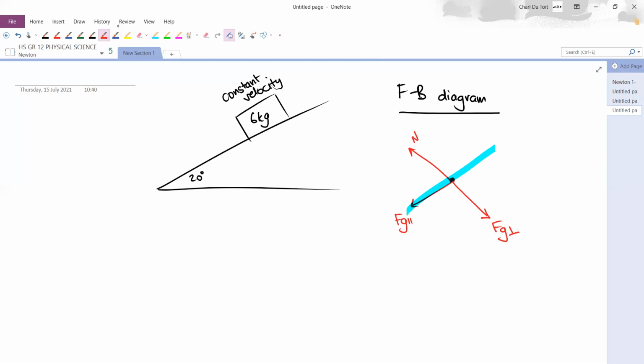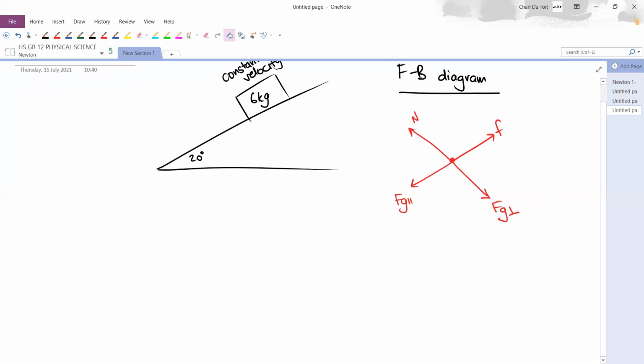But since there's a frictional force in the opposite direction, the sum of these two forces can be 0. And if the sum of these forces is 0, it's going to either stand still or move at a constant velocity, because there's no acceleration then. So there must be a frictional force. If there's no friction, it can't go at a constant velocity, it will accelerate.